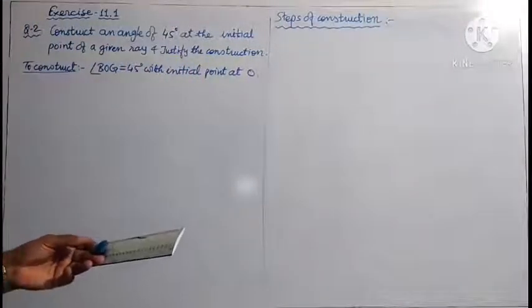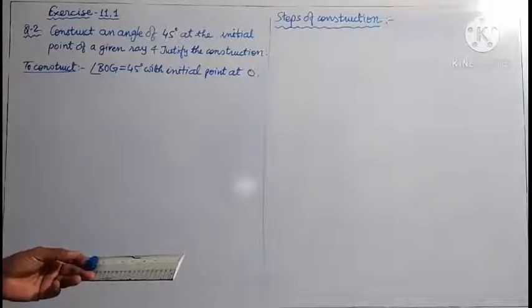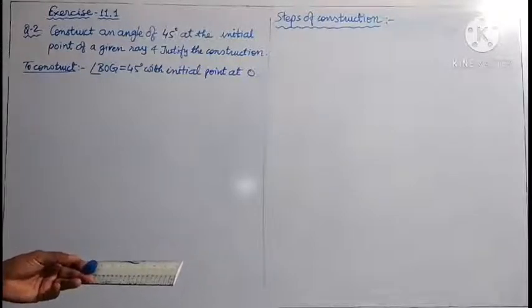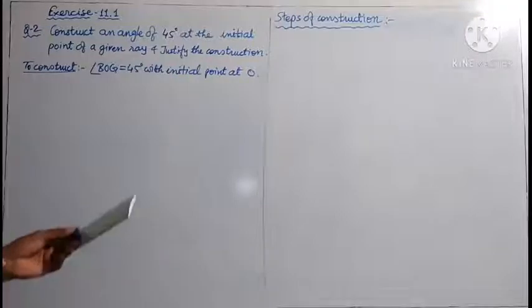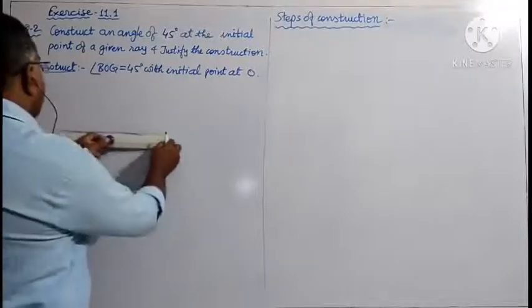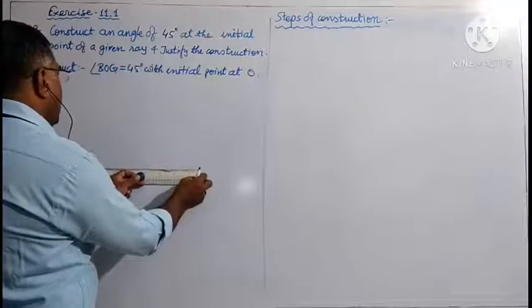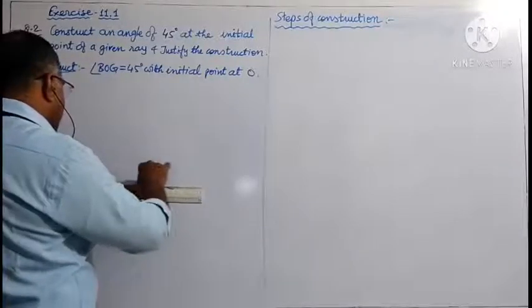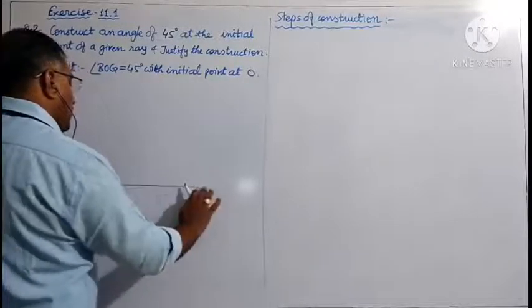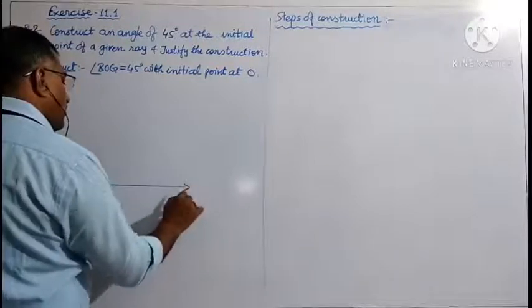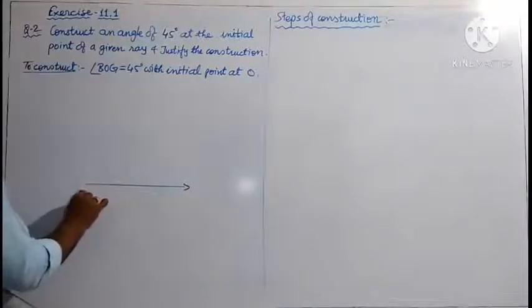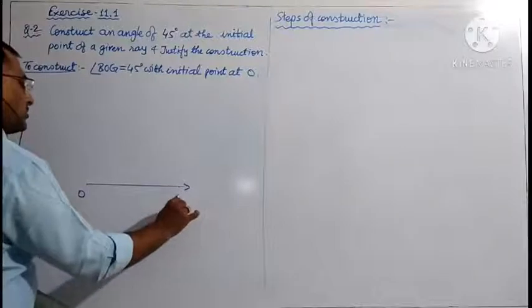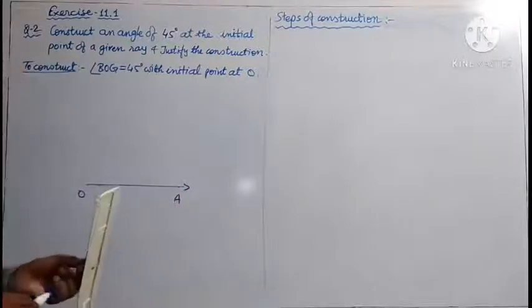So let us construct first of all a ray here with initial point O, and suppose that is ray OA.